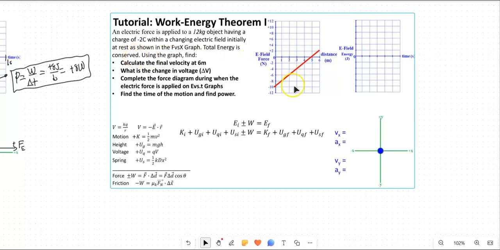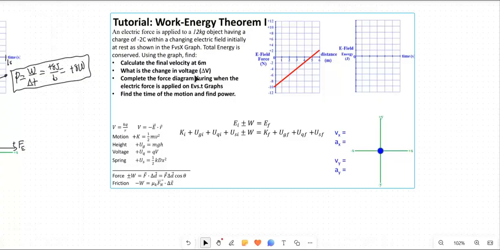Okay, this is just the electric field energy. It started at rest, and then it's going to be speeding up. Okay, so we don't know what's going to happen. So it's going to be speeding up across a distance of 6 meters.